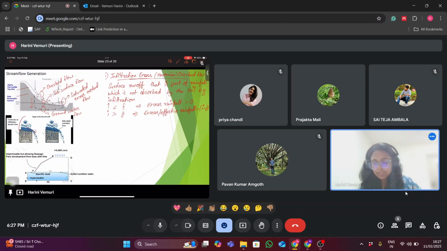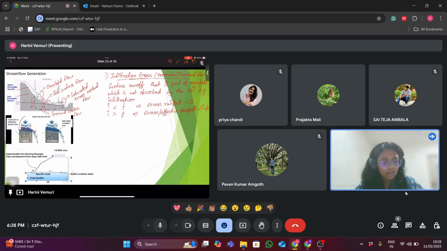So here the water is flowing as a sheet. And also along the overland flow, there is depression storage that can occur, and also surface detention storage, because whenever the water is flowing, wherever the depressions are there, it gets stored. So that's why depression storage and surface detention storage can occur.